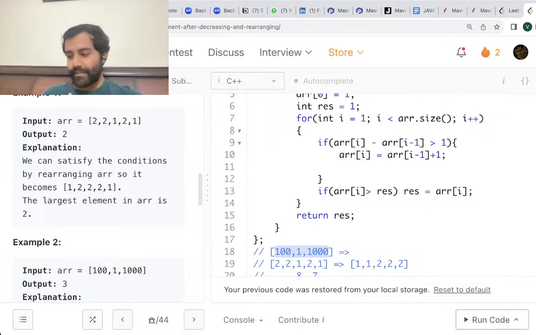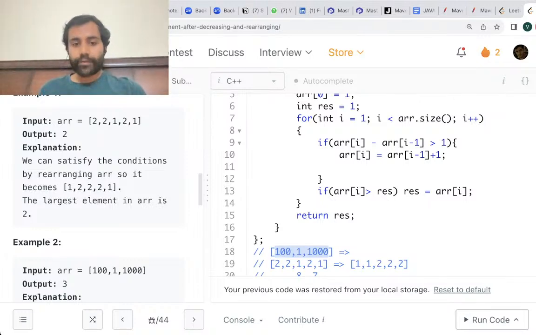The maximum value of the answer is n, because in the worst case you can change the first element to 1, the second element to 2, the third element to 3, 4, 5, and the last element to n.